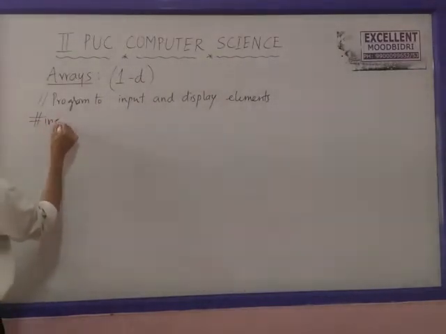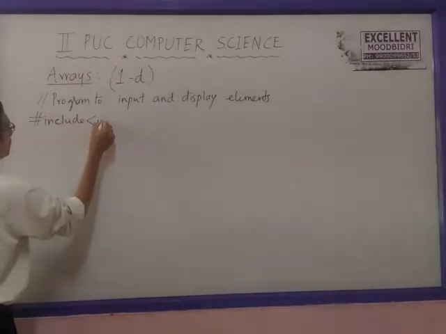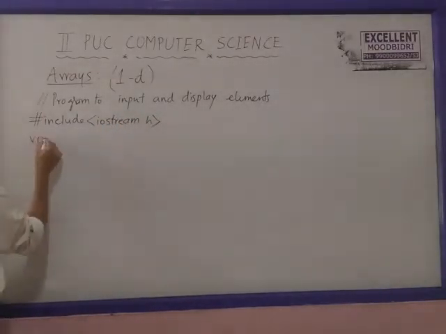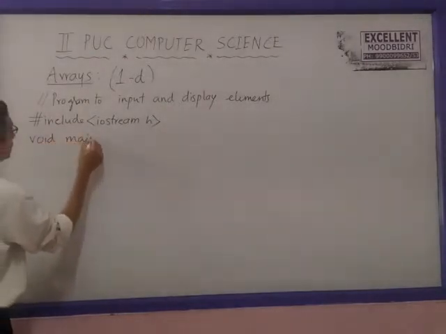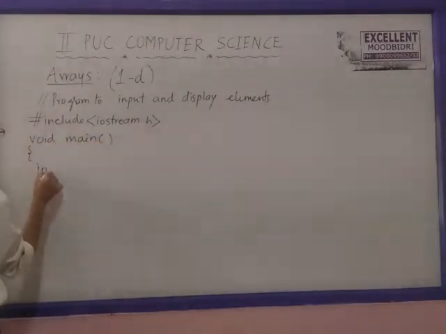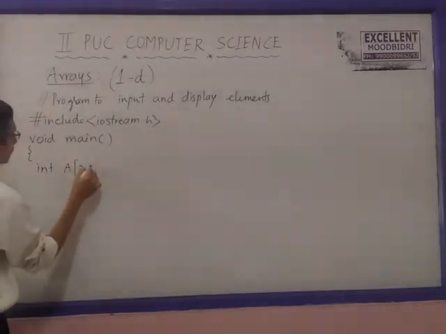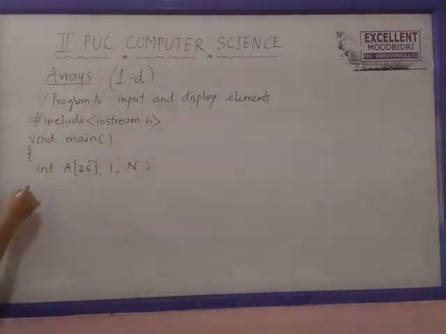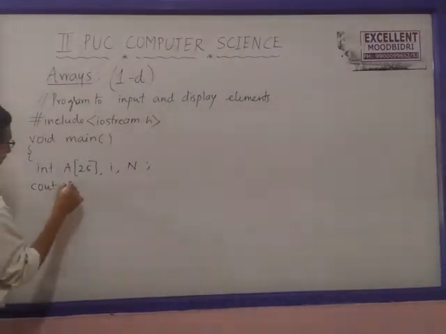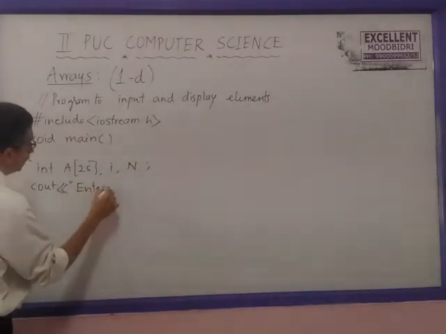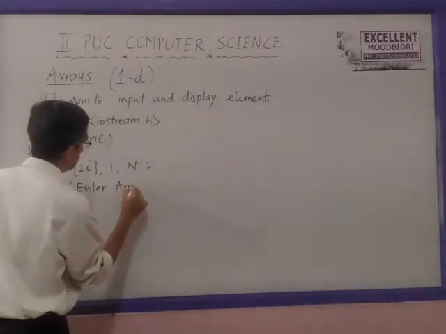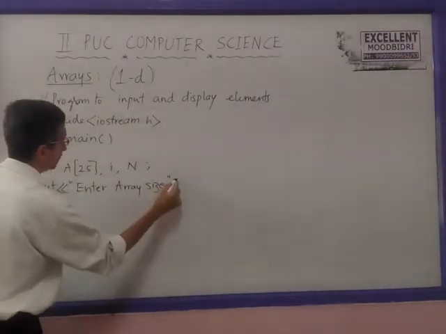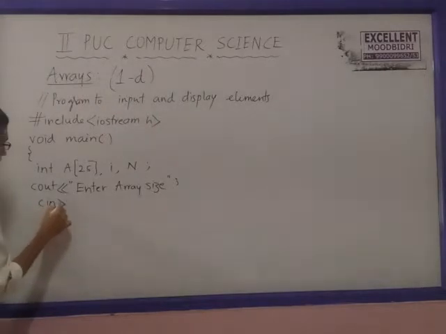#include <iostream.h>. i, n, the number of items. cout, enter array size, cin n.